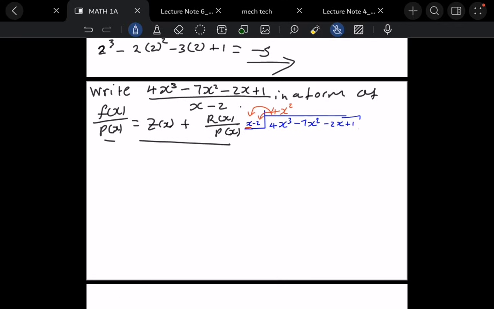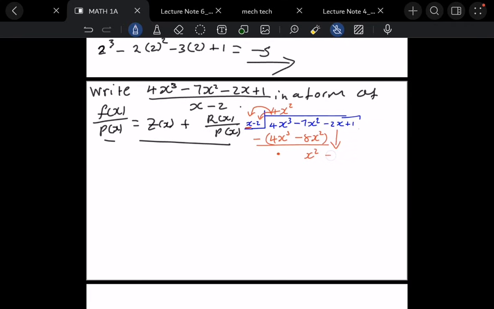Take this 4x squared and multiply it by x and negative 2. So I am going to have 4x cubed minus 8x squared. Put brackets over there and say minus. 4x cubed minus 4x cubed is going to be 0. Negative 7 minus negative 8 is going to be x squared.